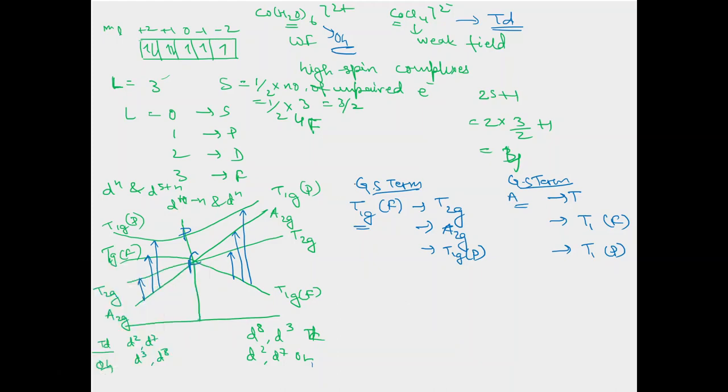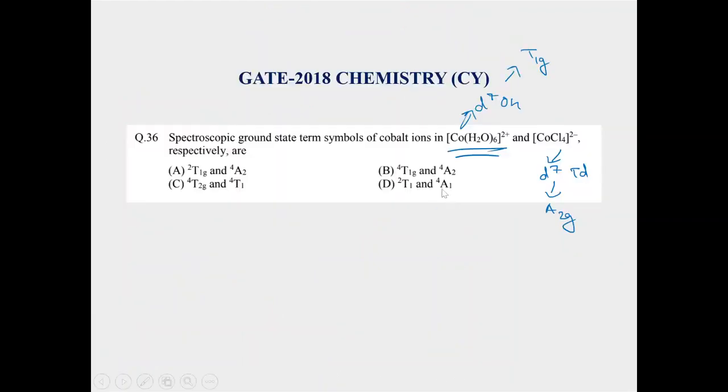So just T1 we will write, and this is T2. If it's an octahedral complex, then the g label will be there. If it's not, then it will vanish, and everything else will remain the same. So this is A2. From this we know that the option will be either T1g and A2.